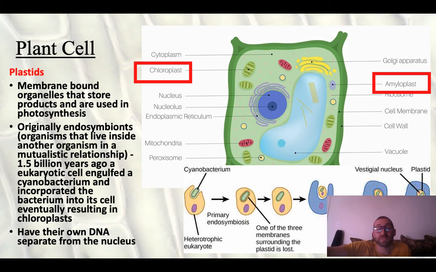The plants can then combine carbon dioxide and water to create glucose, which is a sugar molecule, which is the basis of food. It's really, really important. Kind of why they think this theory is, there's a number of interesting things about our plastids. One of the most interesting is that they have their own DNA separate from the nucleus.